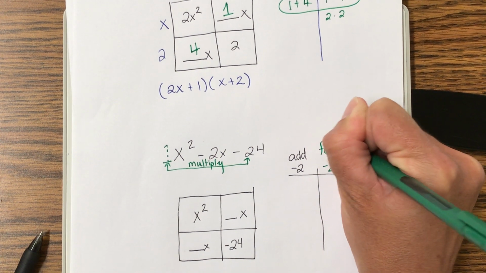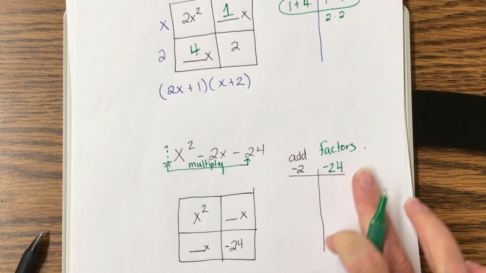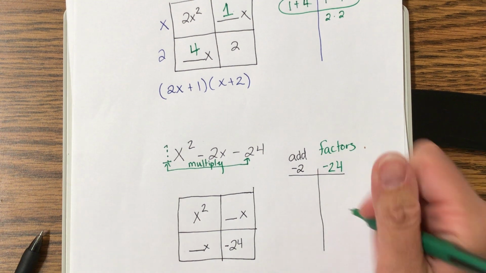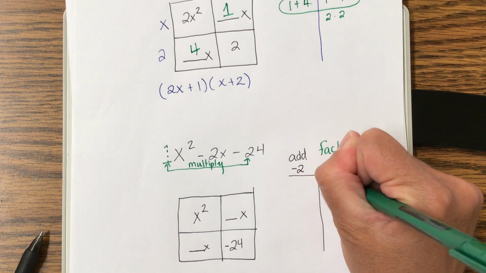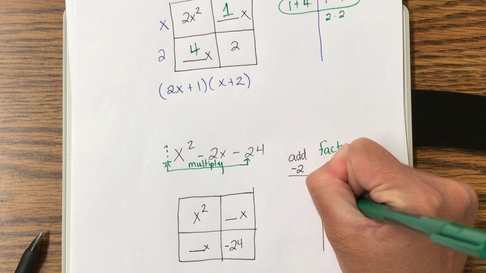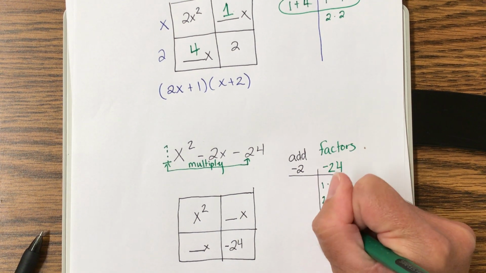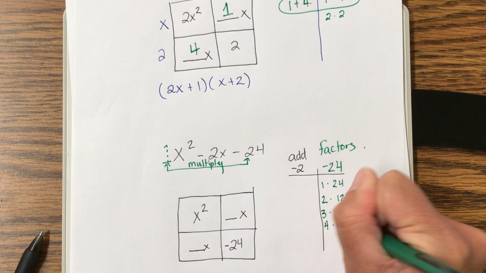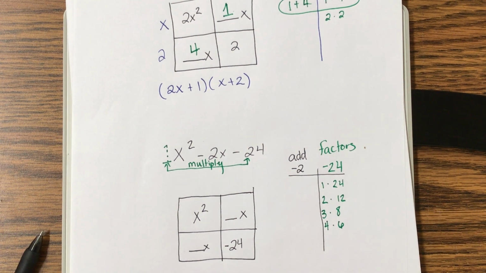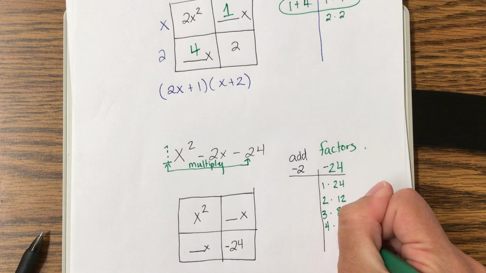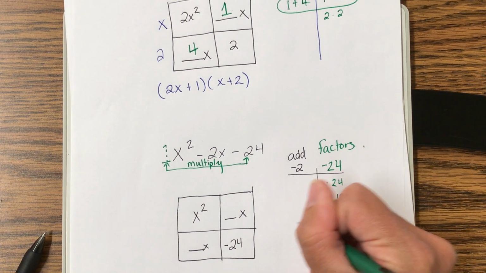So factors of negative 24 that add to negative 2: 1 times 24, 2 times 12, 3 times 8, 4 times 6. Looks like we've met in the middle. So which one's going to be the negative 2? Well, how about the 4 and the 6 when we say 4 minus 6?